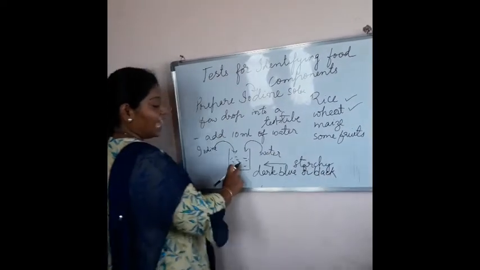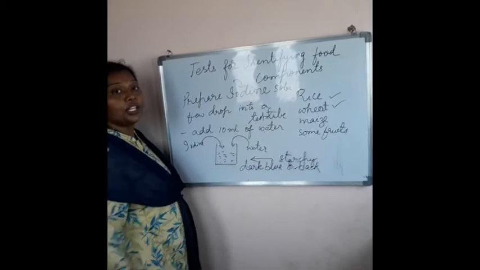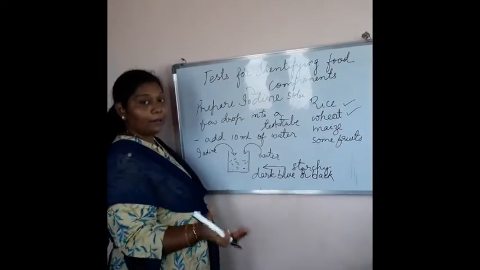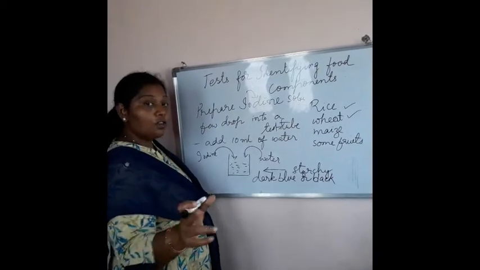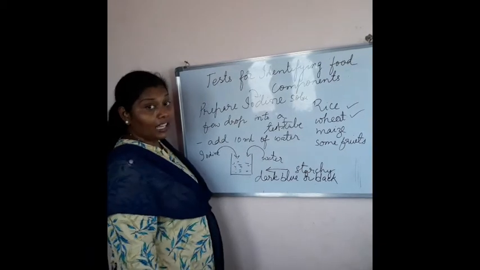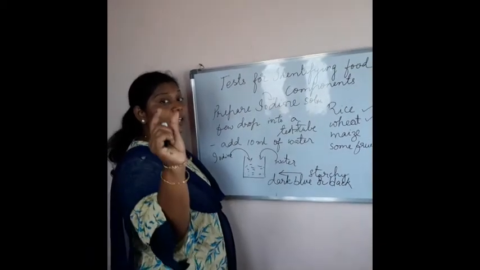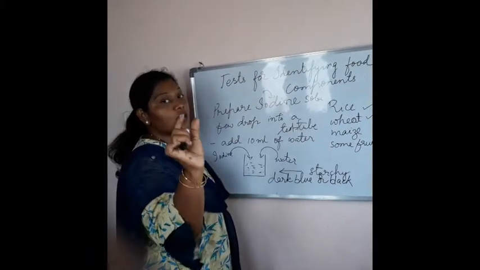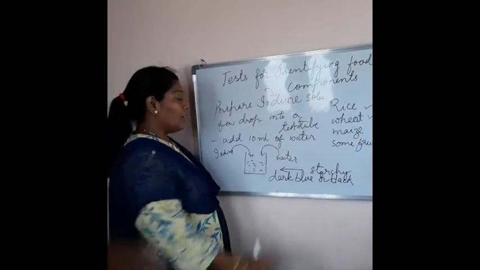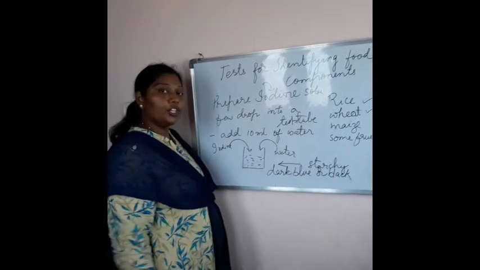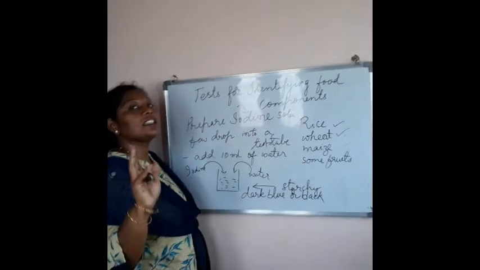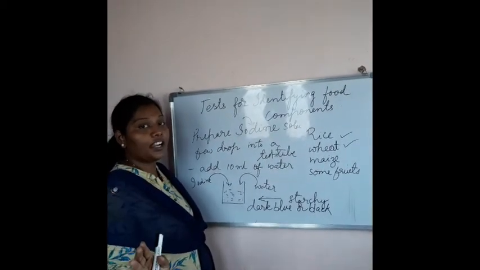If you observe this color, dark blue or black, then only you can say the food material contains starch or carbohydrate. You can prove that by using the iodine solution. You can prove any food material containing starch or carbohydrates.